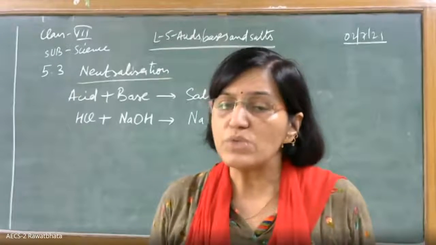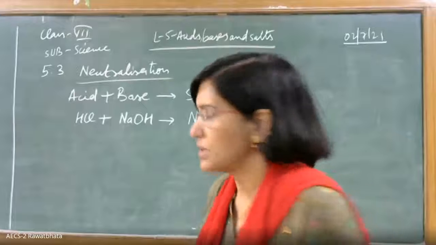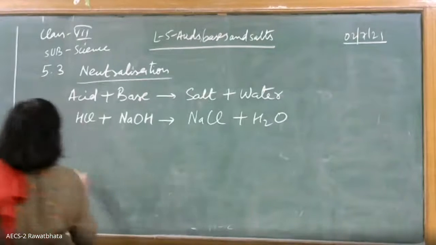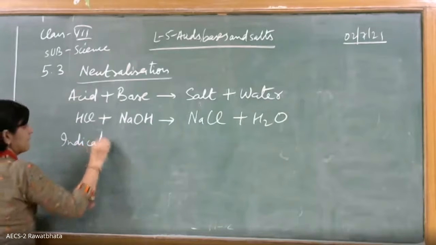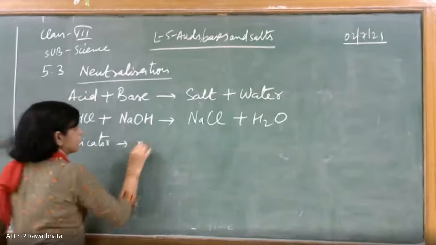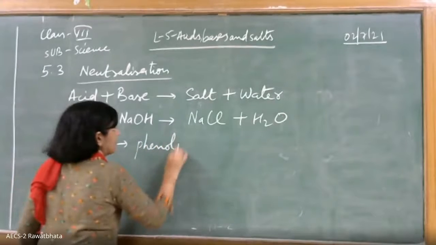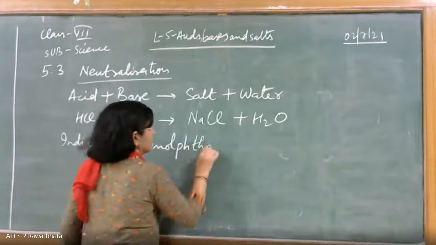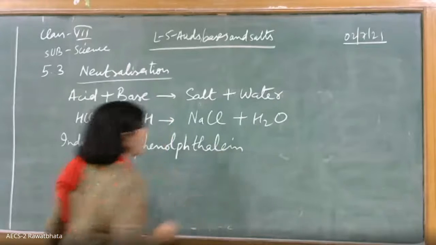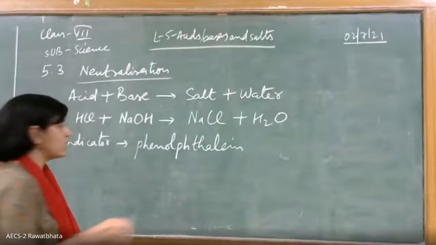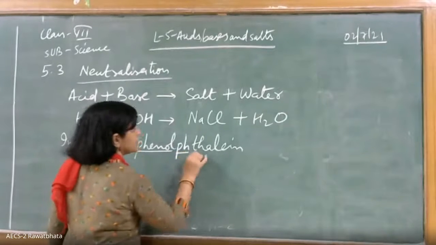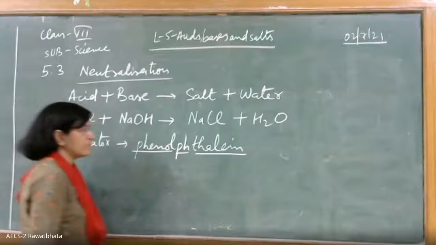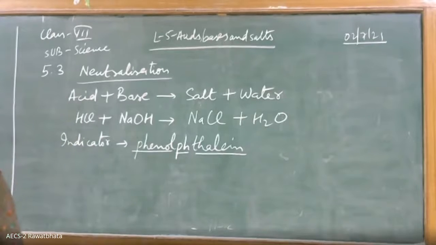What we are going to do is use another indicator for this: phenolphthalein. As I told you, we are going to learn the name as phenol, pH first, phthalein.